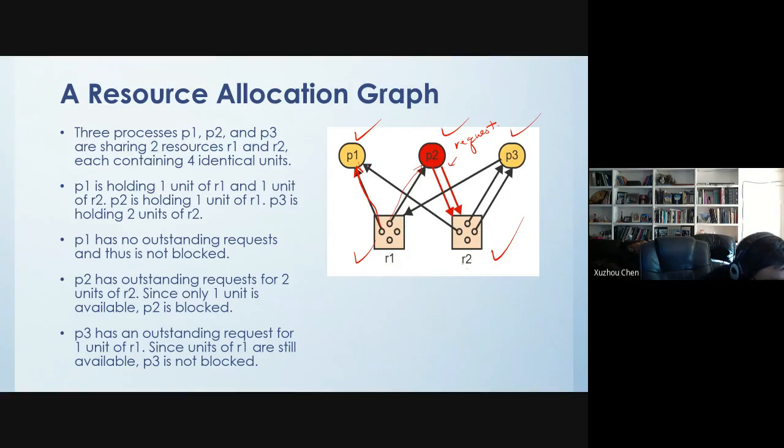P1 is not in a deadlock situation, right? P1 is not blocked, because P1 is currently holding 1 unit of resource 1 and 1 unit of resource 2, and P1 has no request. P1 is holding 2 resources, but there's no arrow pointing out from P1 to anyone, so there's no request.